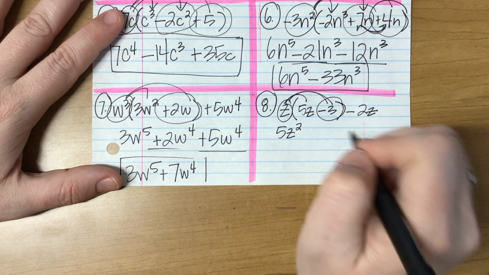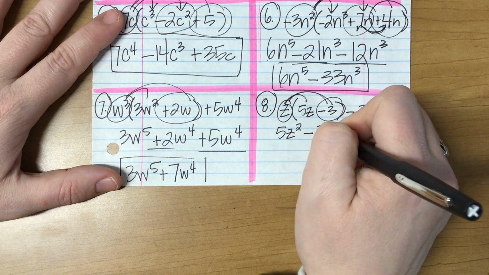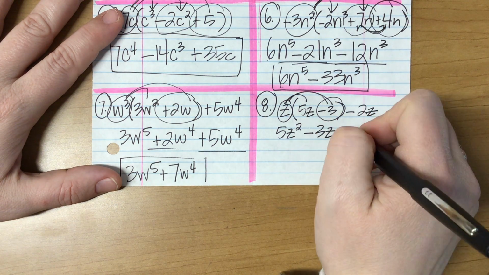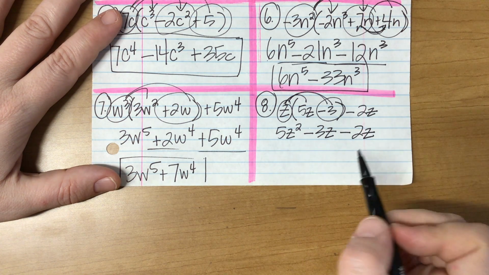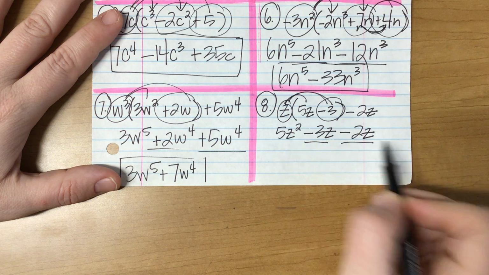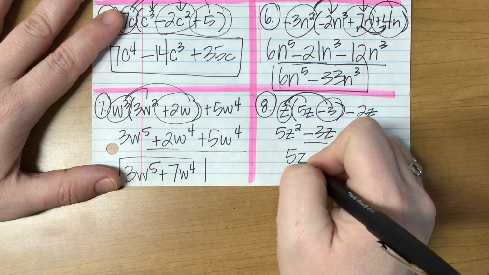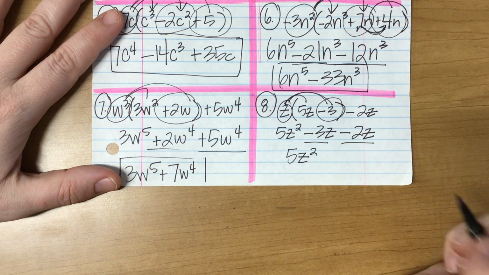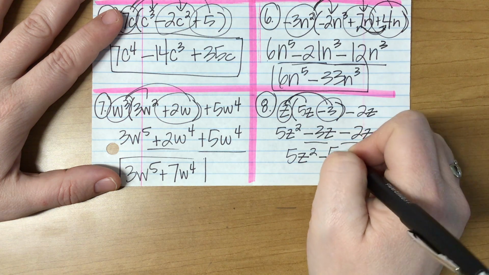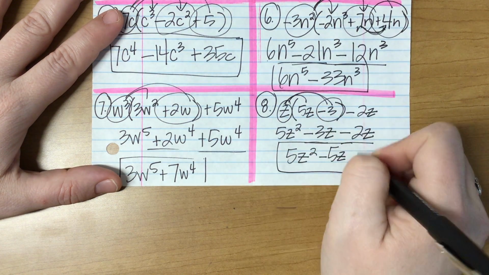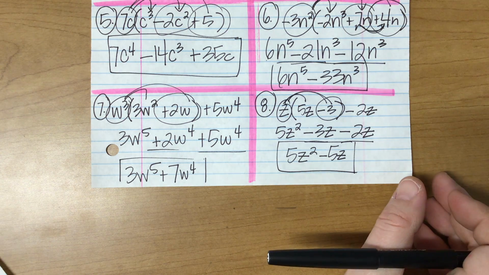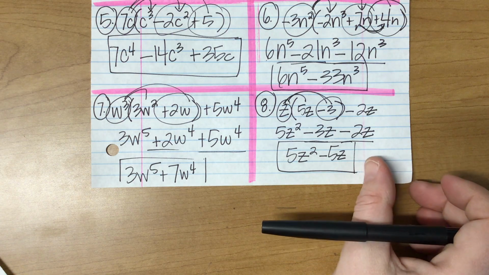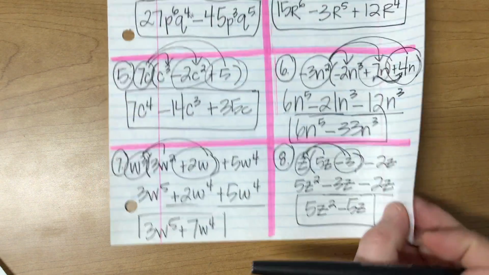Z times negative 3 is negative 3z, minus 2z. And then combine like terms. 5z squared minus 5z. Right? So distribute, combine like terms. Distribute, combine like terms.